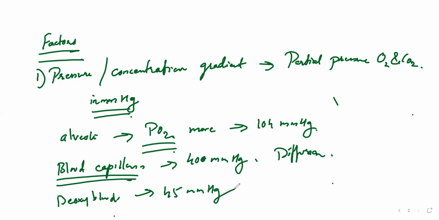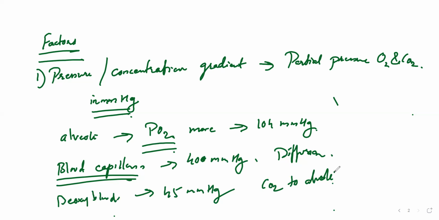So the diffusion of CO2 will be to the alveoli. Depending on the concentration or pressure gradient, which gas diffuses where is determined. Oxygen diffuses into the capillary blood so it can supply oxygenated blood throughout your body, and once that blood comes back, it carries carbon dioxide.